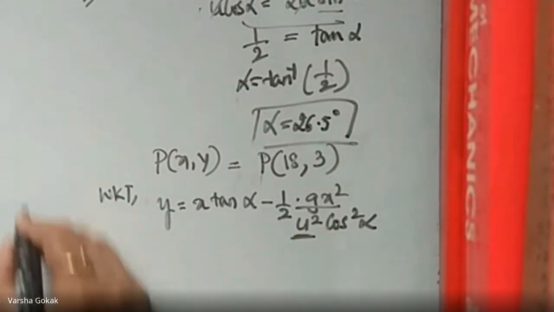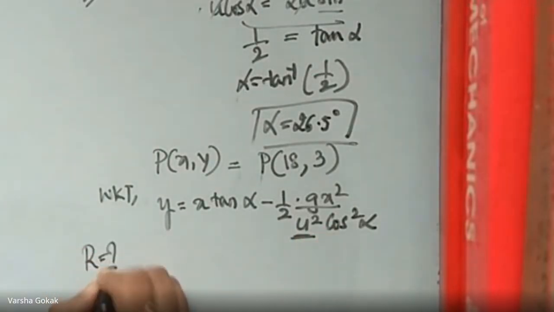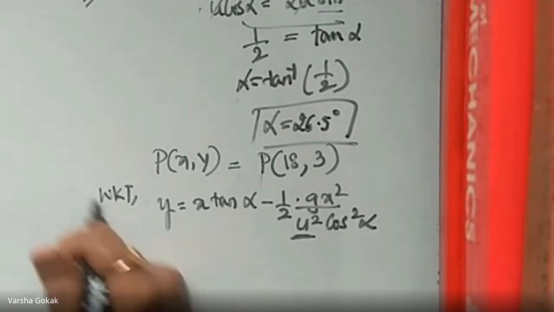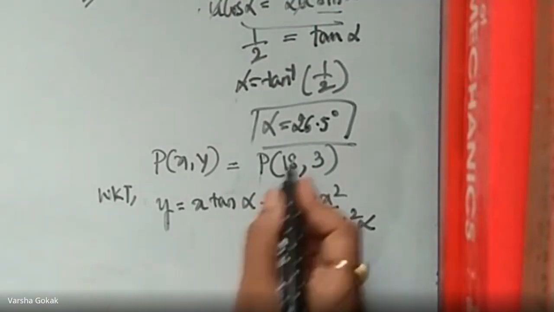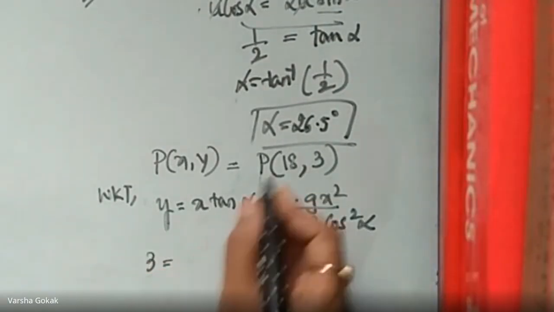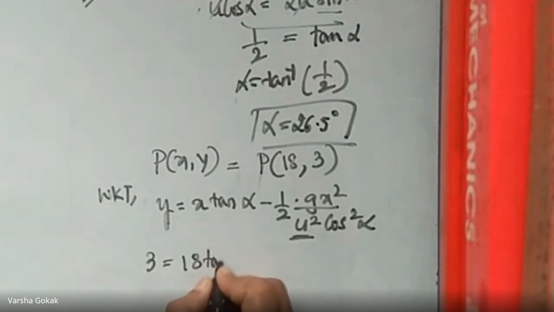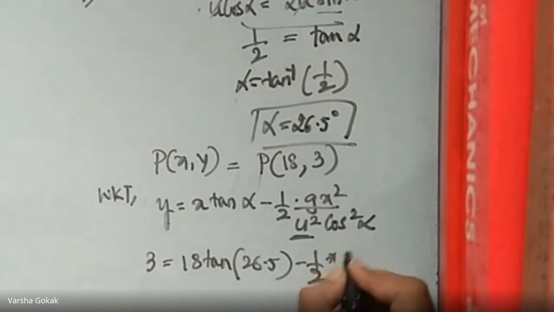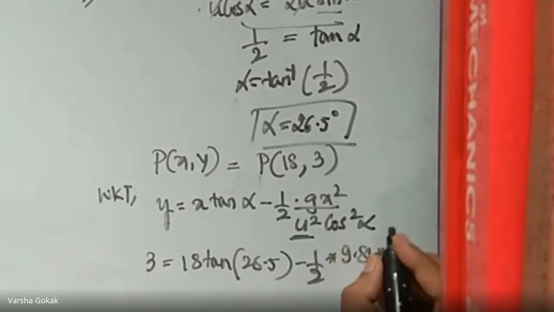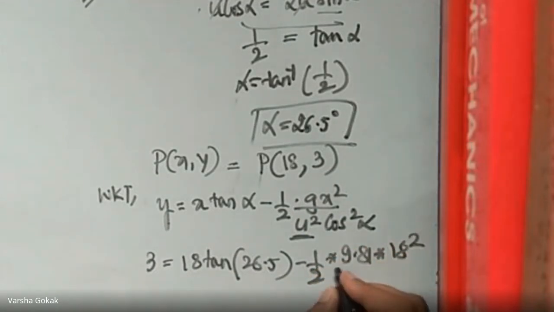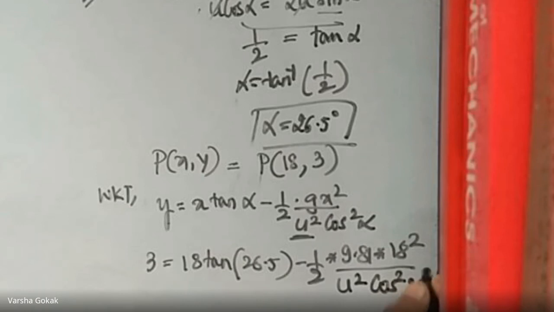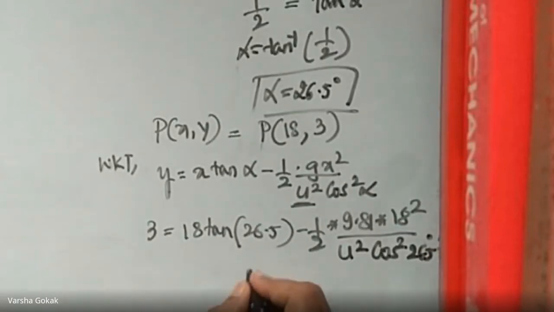He has asked us to find the range. The actual question is range, but first we have to find u. Substitute in this: y is 3, x is 18 tan alpha is 26.5 minus half, g is 9.81 into x square, 18 square divided by u square cos square alpha, 26.5. Solve for this and somebody get me the value of u.